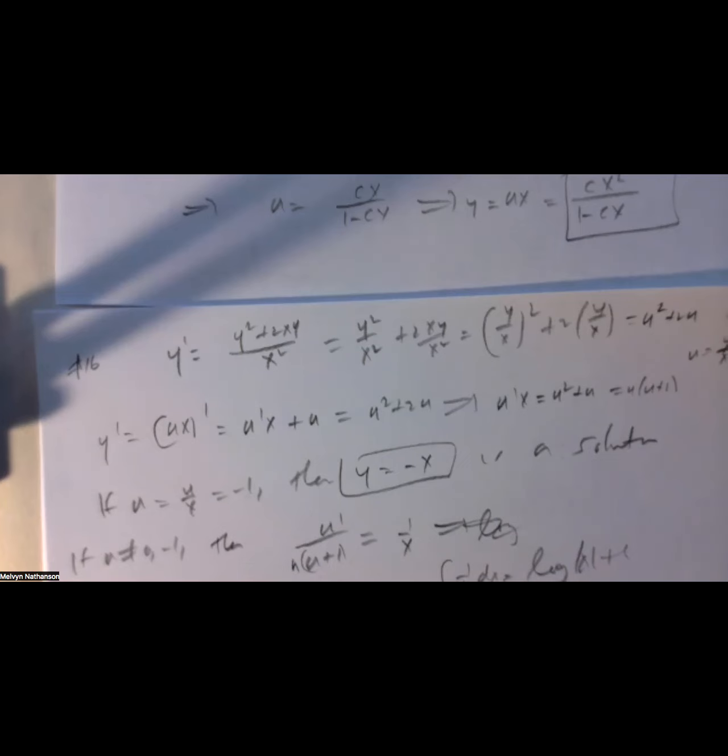Keep going. You get exactly the same solution we got a moment ago: Cx squared over 1 minus cx.